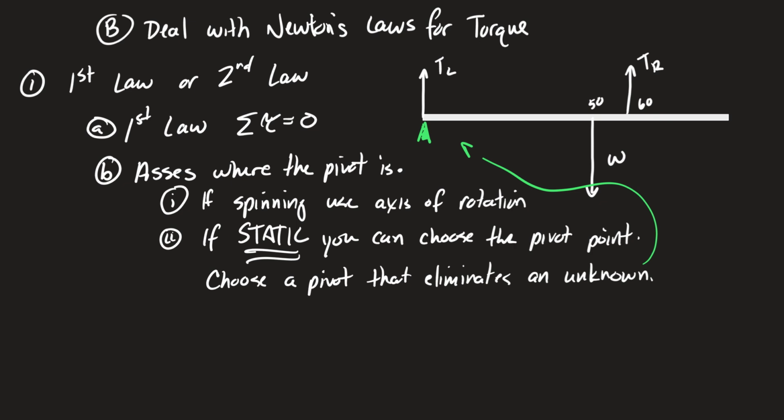I could pick anywhere on the object I want. I am choosing this one specifically so that I reduce how many unknowns I'm going to generate in this equation. If I choose any place else, I'll have two unknowns. I can still solve the problem, but it makes it harder. So choose a pivot point that eliminates an unknown.